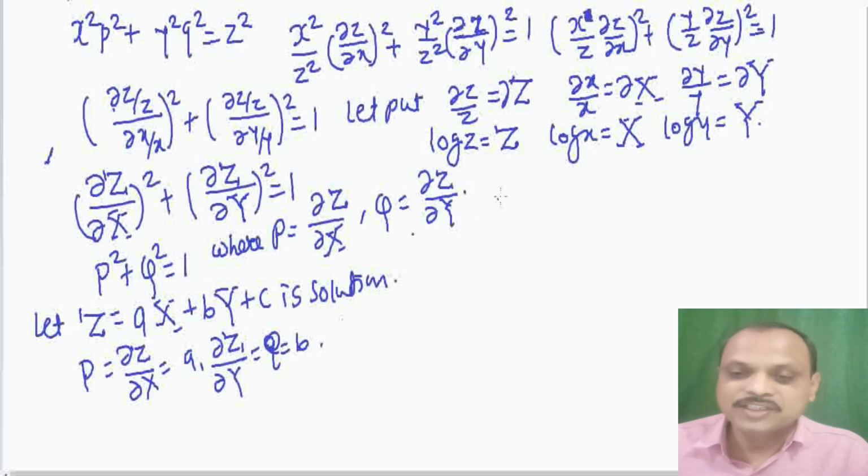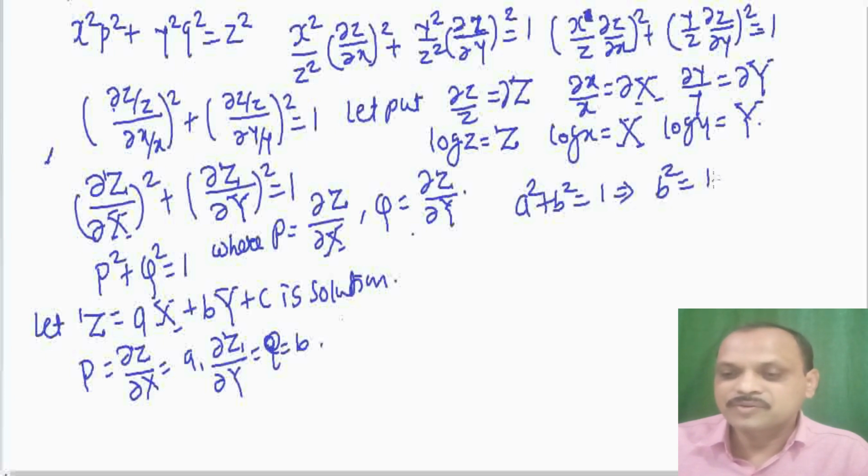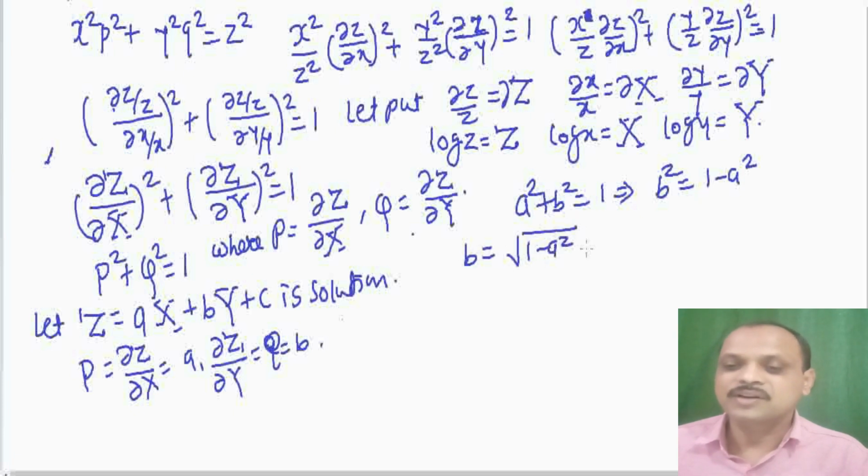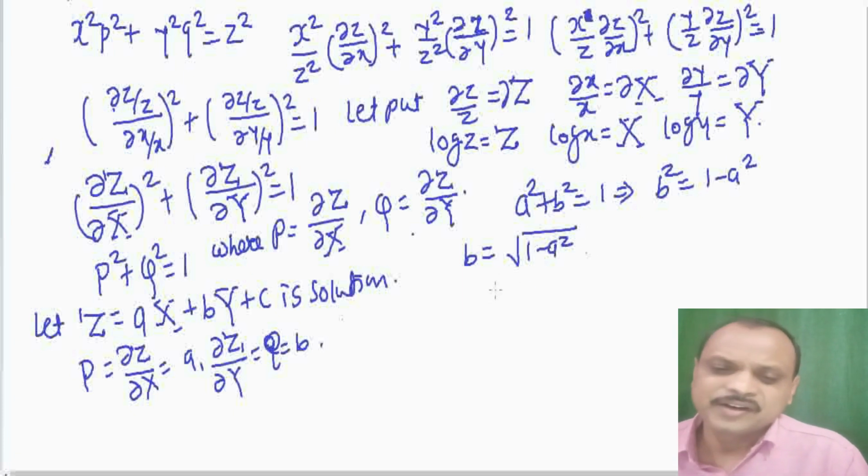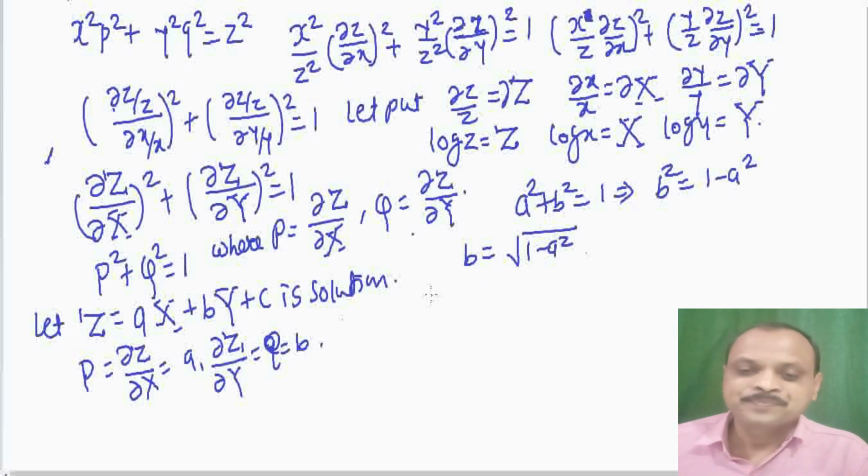Then from the relation we have a square plus b square equal to 1. This implies b square equal to 1 minus a square and b equal to under root of 1 minus a square. We consider only the positive value; we may take the negative value also. Then substitution gives capital Z equal to a into capital X plus b into capital Y plus c.